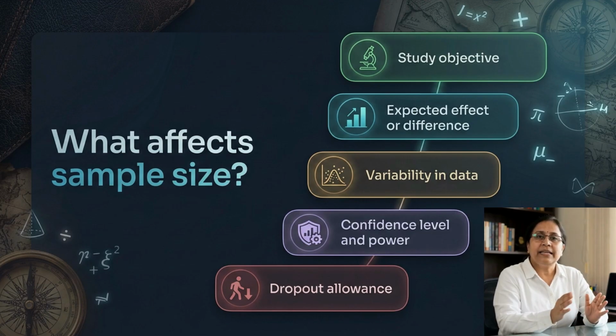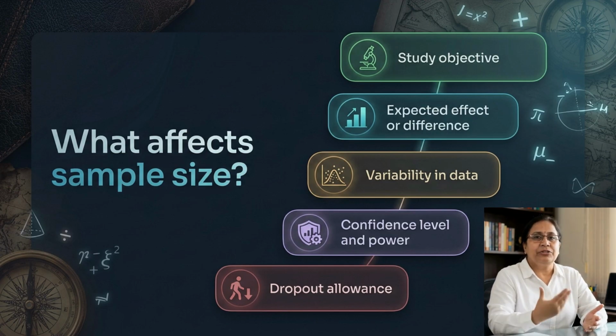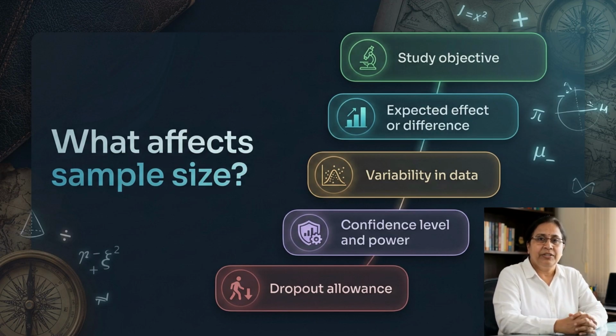Now let us ask the real question. What affects sample size? Several things matter. The study objective matters. Are you estimating a prevalence, comparing groups, or testing an association? The expected effect or difference matters. Smaller expected differences often require larger sample sizes.